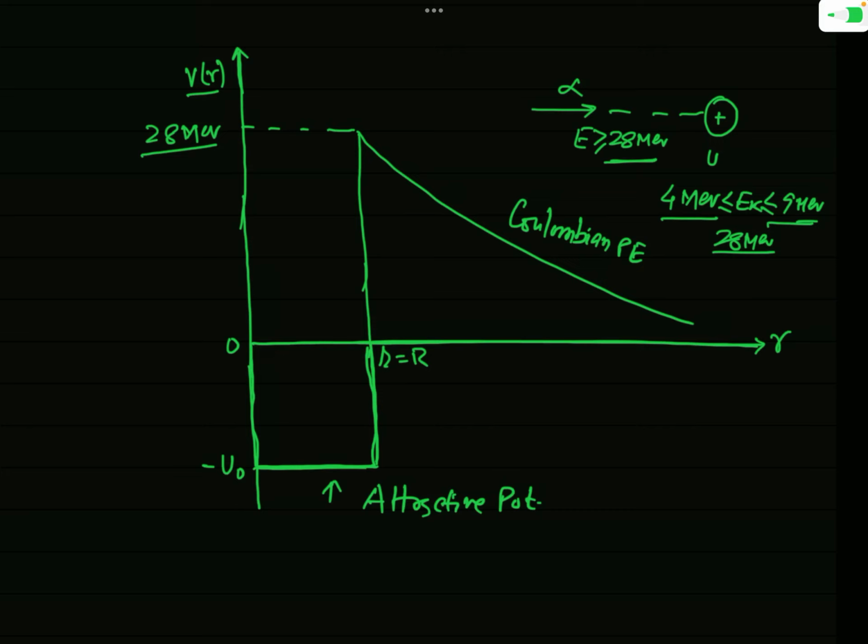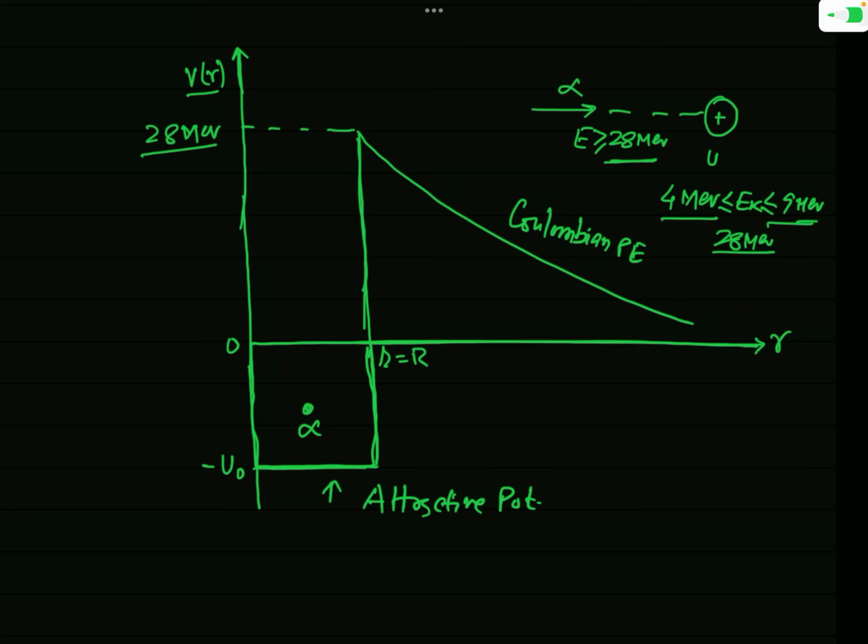Just in the reverse sense, you can think, if there is an alpha particle inside the nucleus, see here, there is an alpha particle in this potential well, and this is the height of the potential barrier, which is 28 mega electron volt. So to escape from this nucleus, this alpha particle should have at least 28 mega electron volt energy in accordance with classical mechanics.